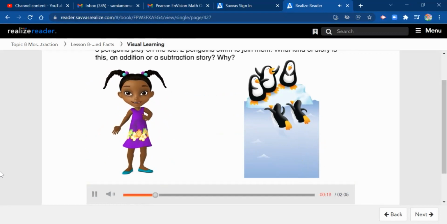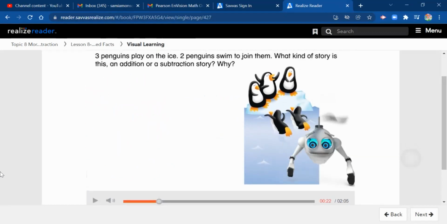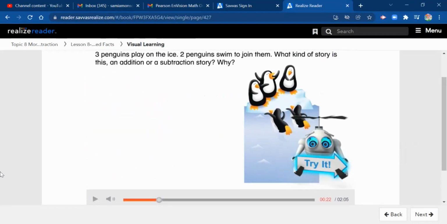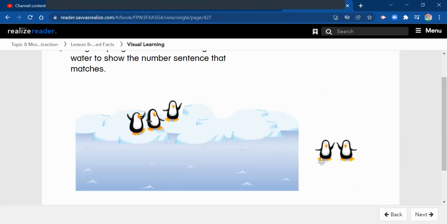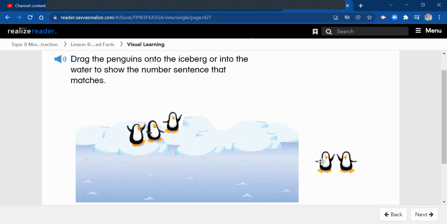I'm going to do the math. All right, let's see. So we had penguins and they were joining the other penguins.